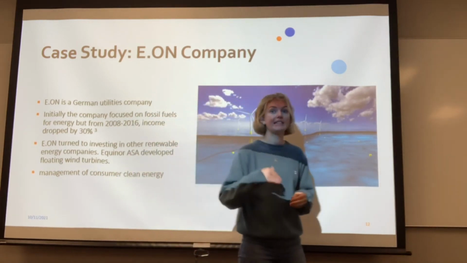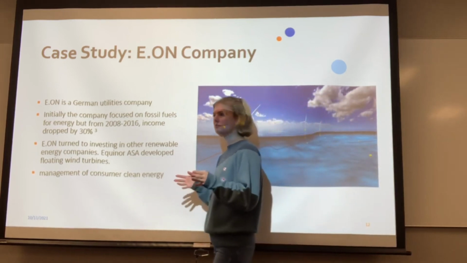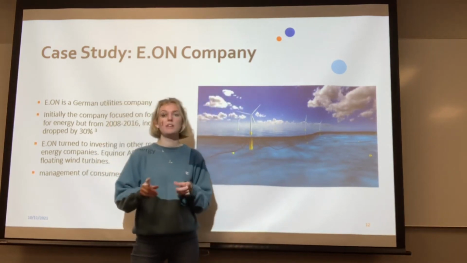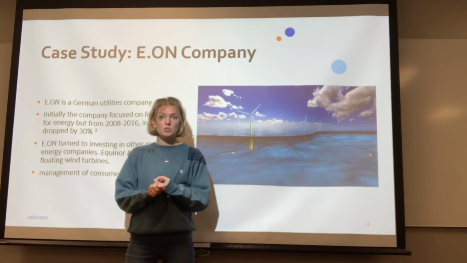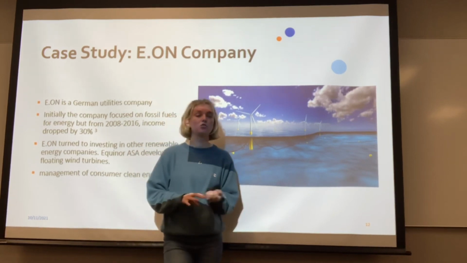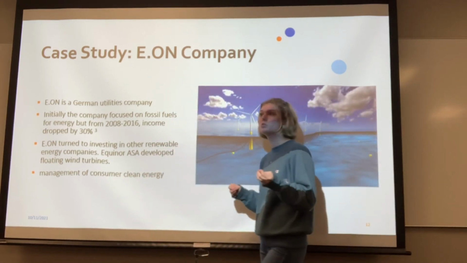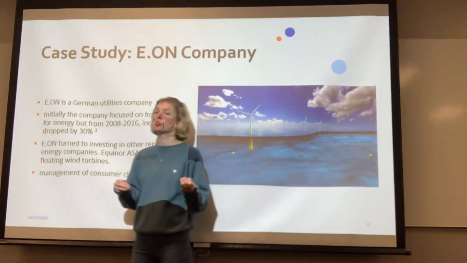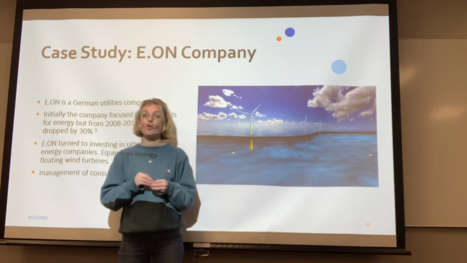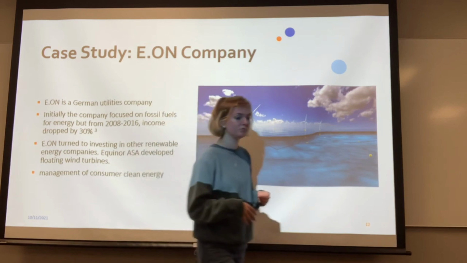So the company had to take a step back and look at their goals, and they decided to invest in renewable energy sources, as well as look towards being able to manage these renewable resources, such as having a plan for where renewable energy will go so that it can be stored or reused, or different households can use this energy.